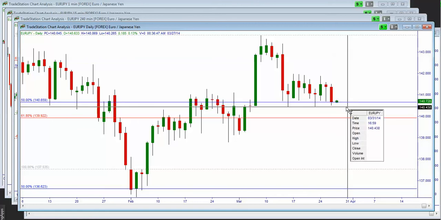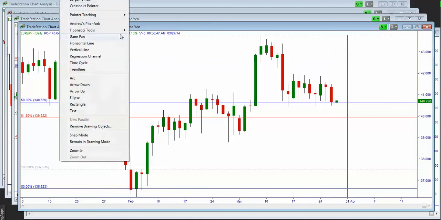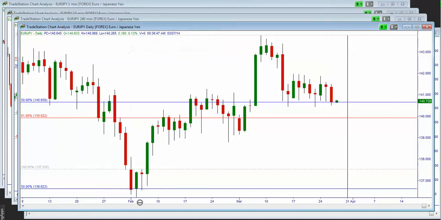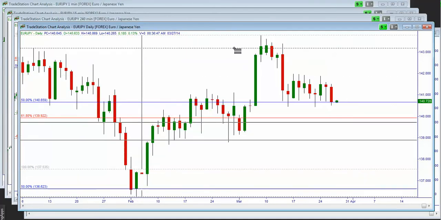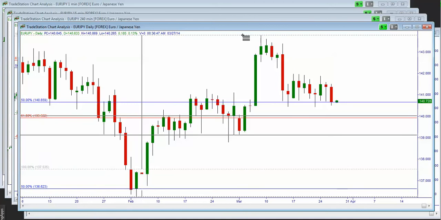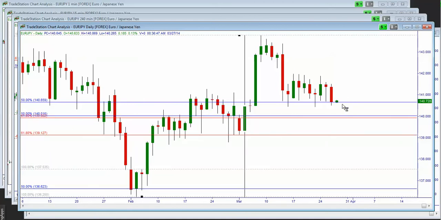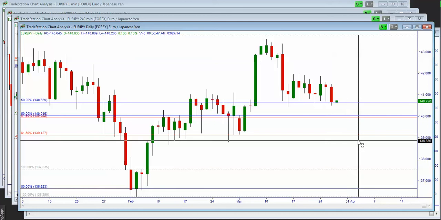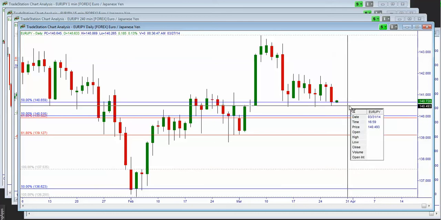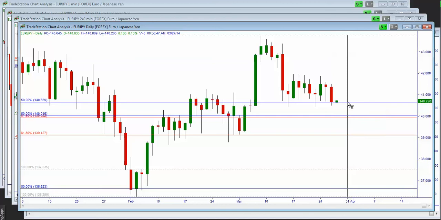Of course, anything can happen, and there is another level of support that is the proper and canonical level of support that program trading is also going to look at, and that's the 140 level here. So if the euro continues to show weakness, there's a possibility now to seriously break this level and go to test the other level, 140.